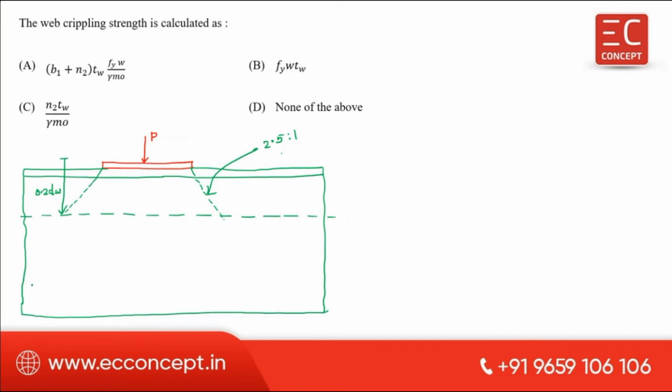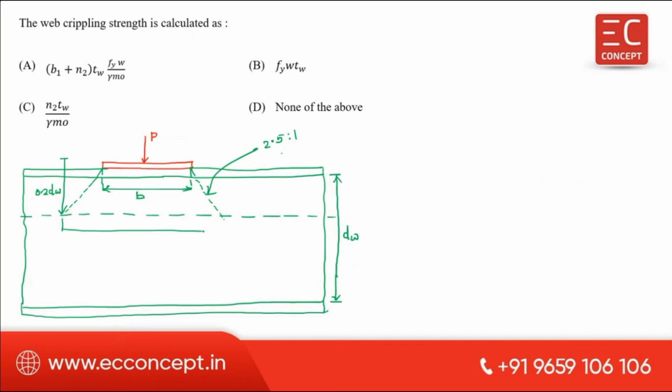What is dW? dW is the depth of the web of the plate girder. Okay. If we consider this as A or B, whatever may be B, then what is this distance?